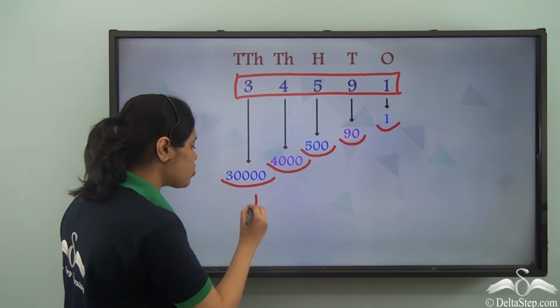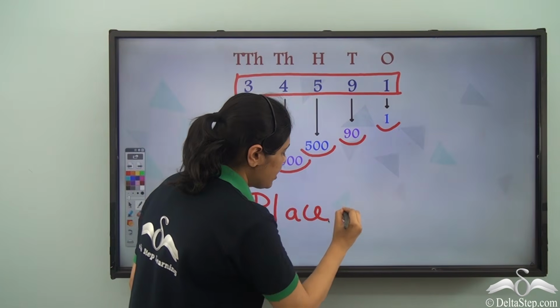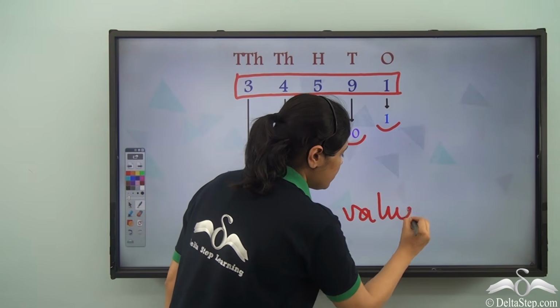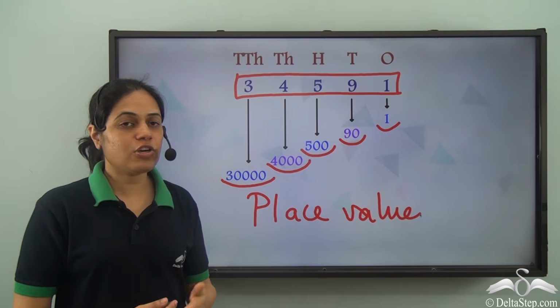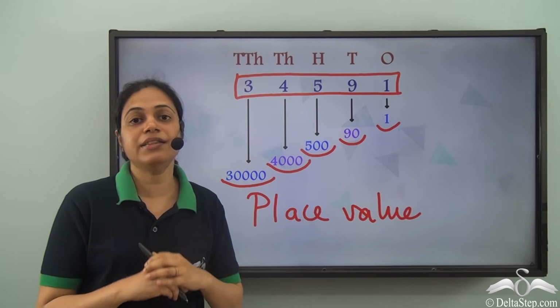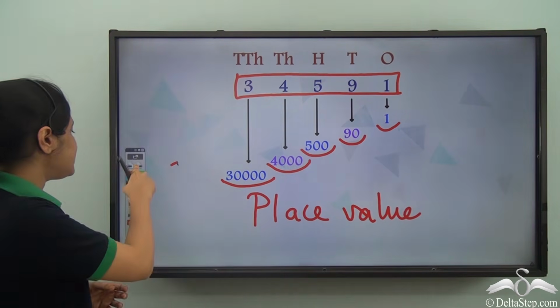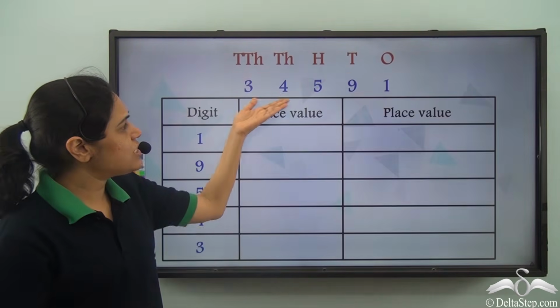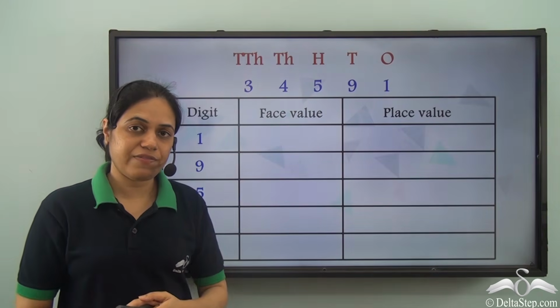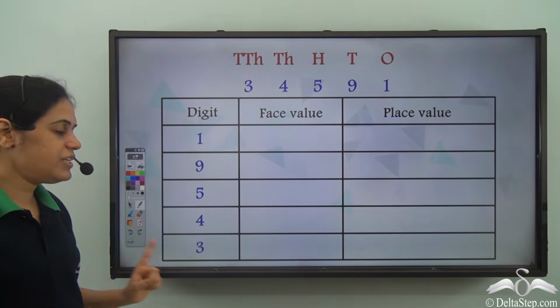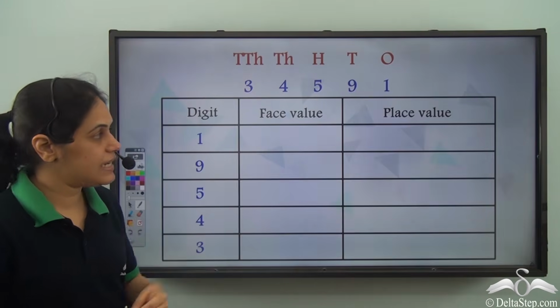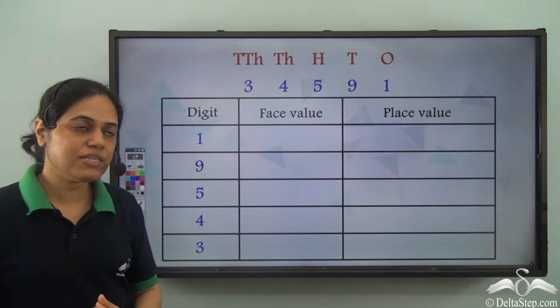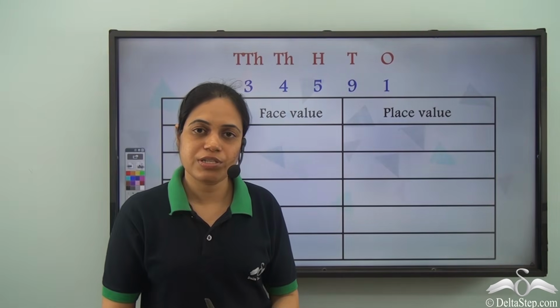And this value is called the place value, because it depends on the place where the digit is in the number. So now let us look at this number 34591. Take the different digits one by one and see what their face value is and what their place value is.